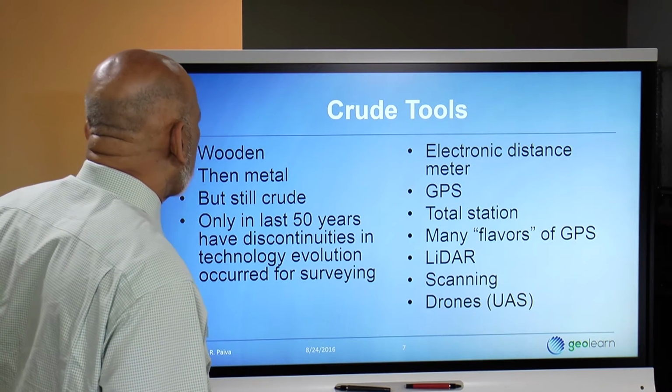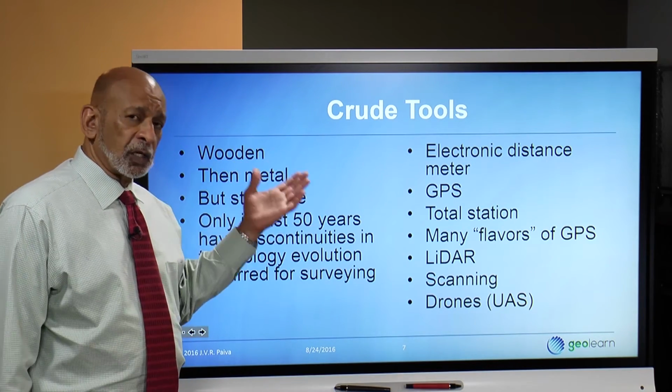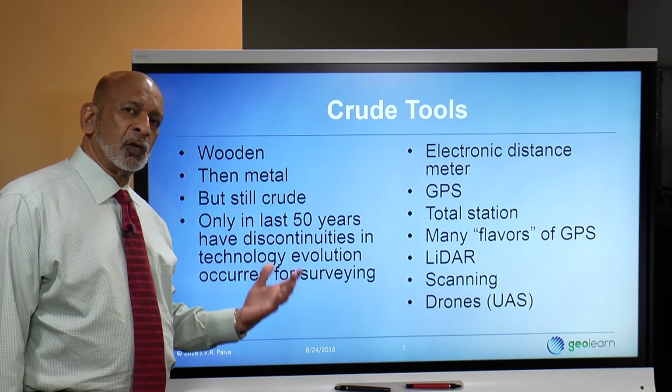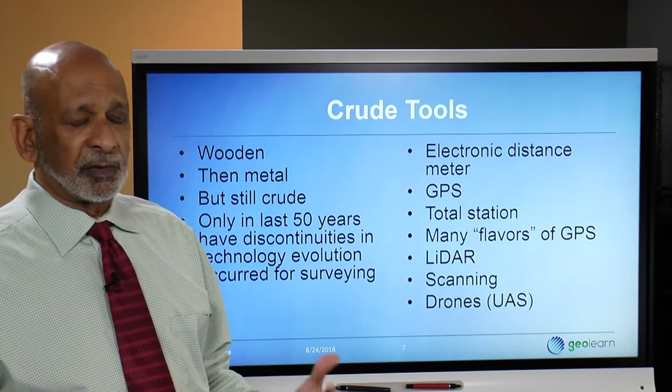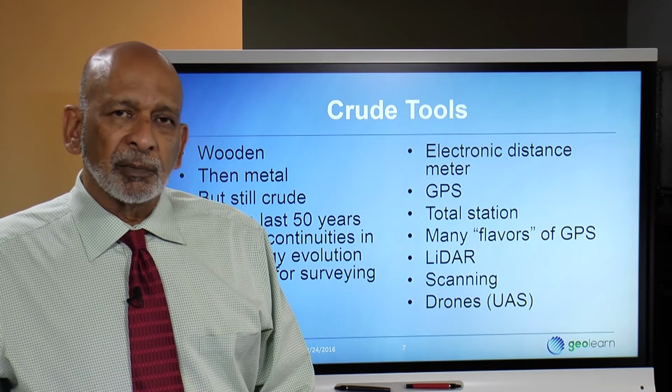And when they started, they had very crude tools. So I already talked about rope stretchers. Obviously rope in those days was all made out of what we refer to as a vegetable product, a fiber of some kind.